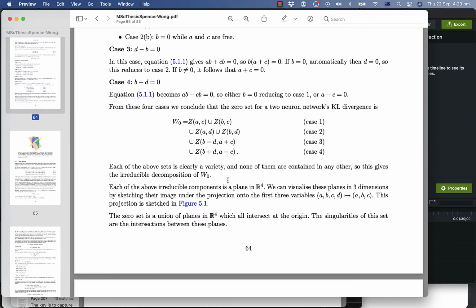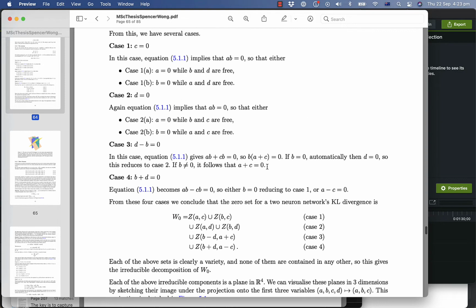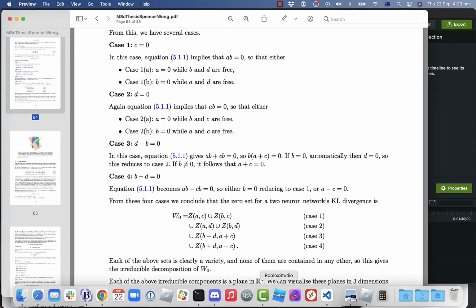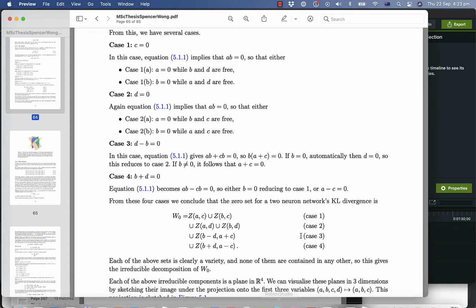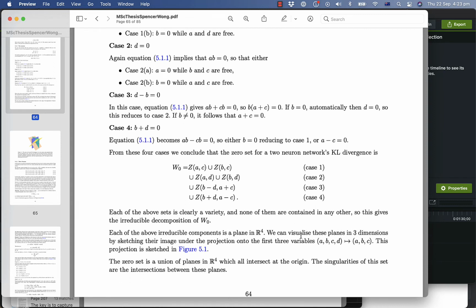Just follow what Spencer wrote down in his thesis, and then we'll see if we can understand why. So his cases are probably different to mine, are they? No, I think they're the same. Case 1 is C equals 0. Yeah, well, that's good. So you said this was case 1. This was case 2.